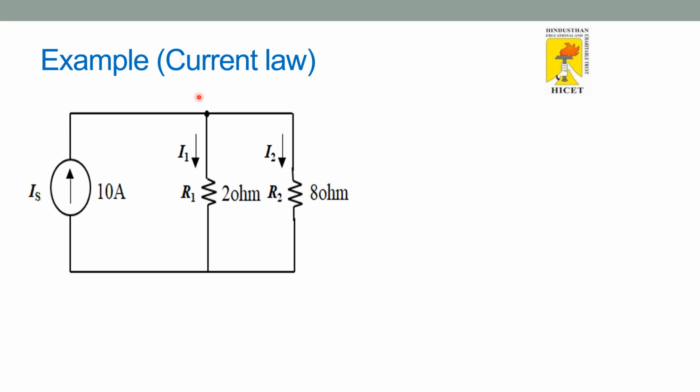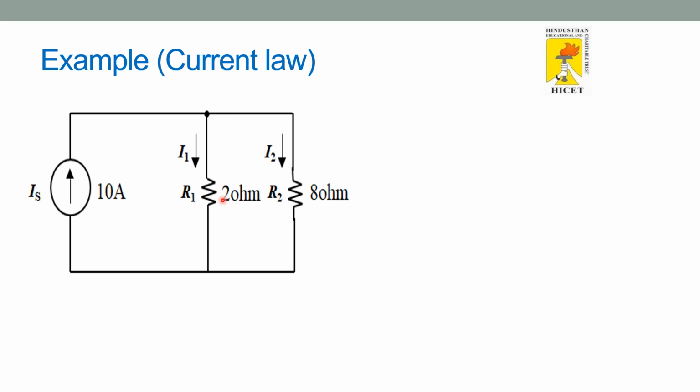The incoming current is 10 ampere, then that is divided into I1 and I2. Here we have R1 and R2. R1 is 2 ohm and R2 is 8 ohm. So the current entering R1 is I1, and the current entering the 8 ohm is I2.